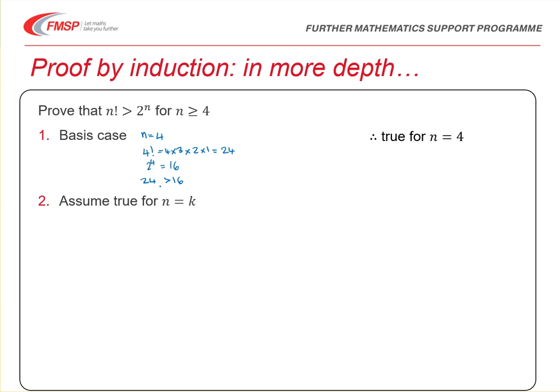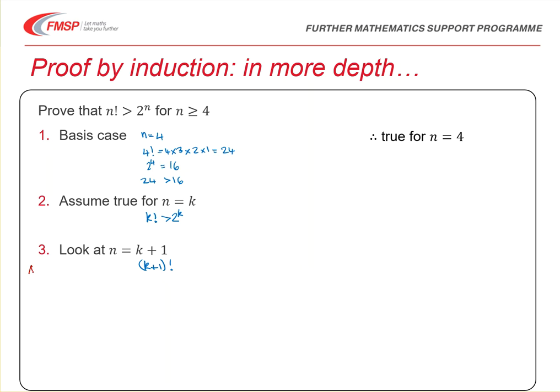When we move on to the second step, we're going to assume that the proposition is true when n is equal to k. So we're going to assume that k factorial is greater than 2 to the power k. Moving on to the third step, we need to look at k plus 1 factorial.